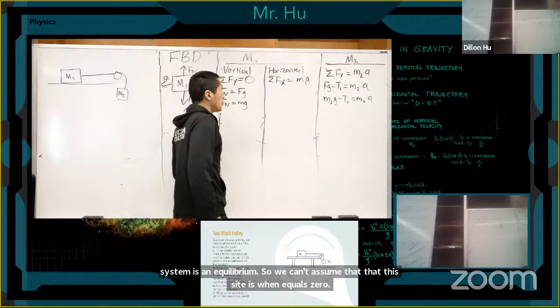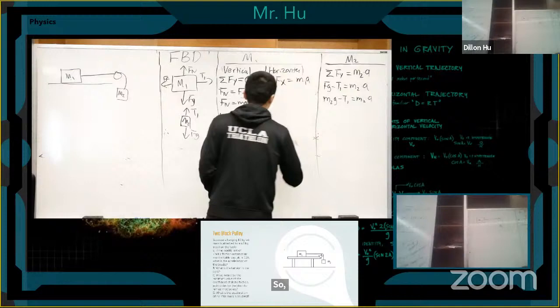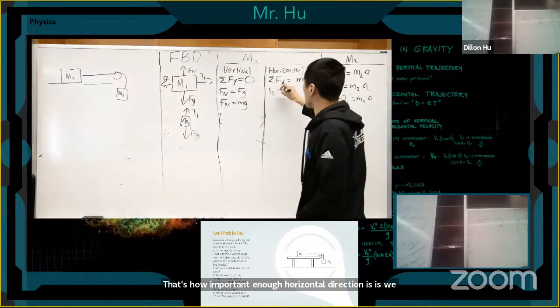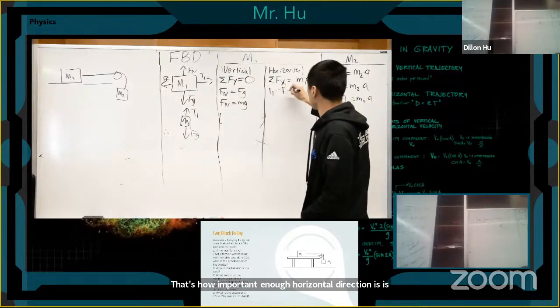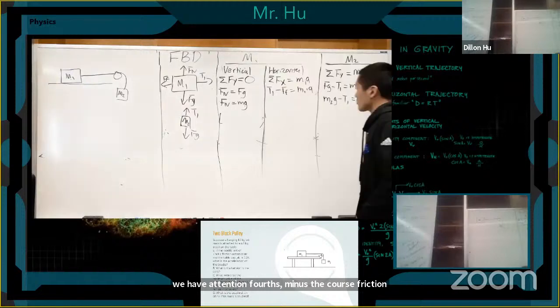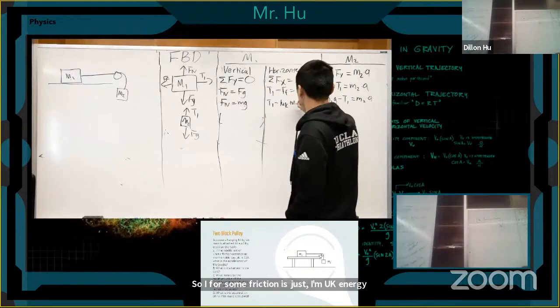So the sum of all forces in the horizontal direction is the tension force minus the force of friction, which should equal M1 times a. My force of friction is just mu k times mg, so T1 minus mu k m1 g is equal to m1 a.